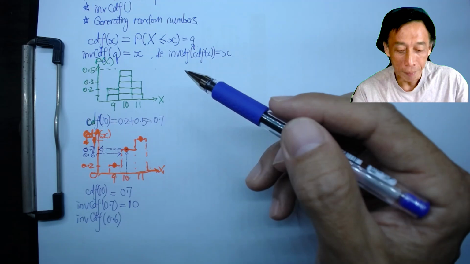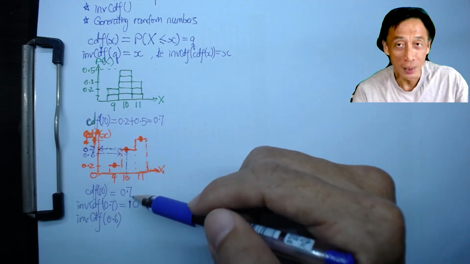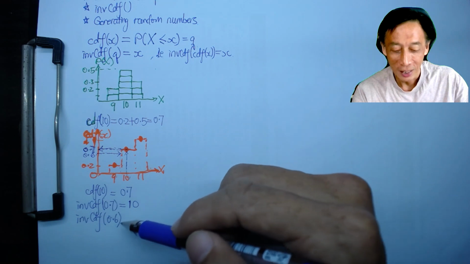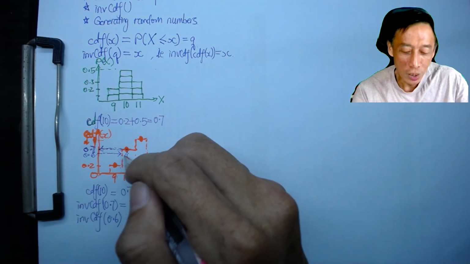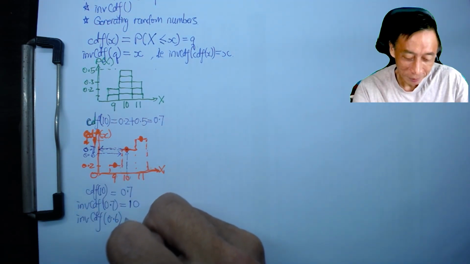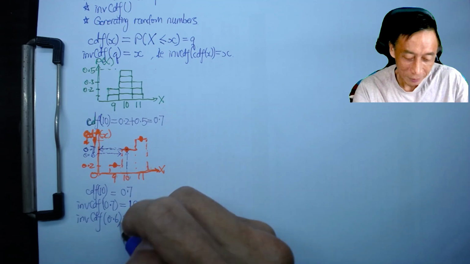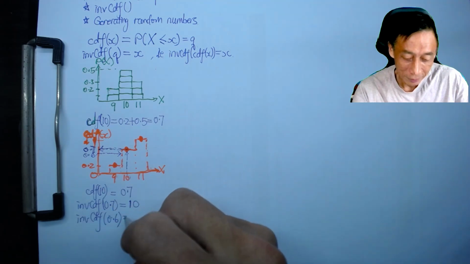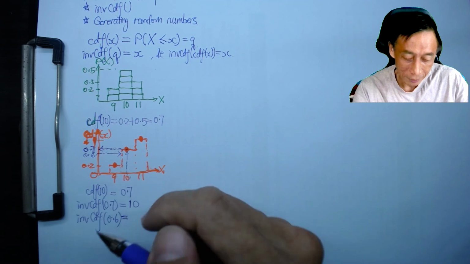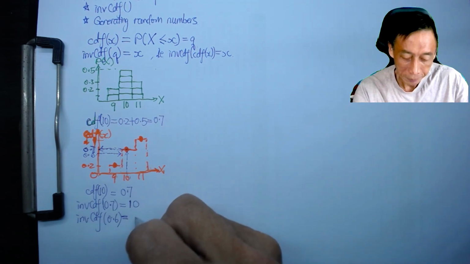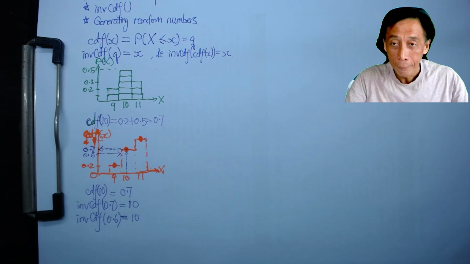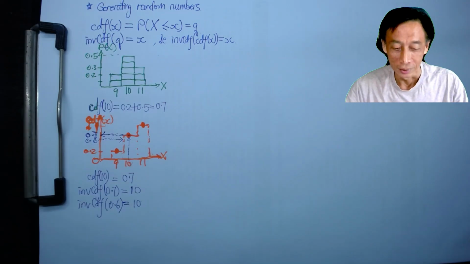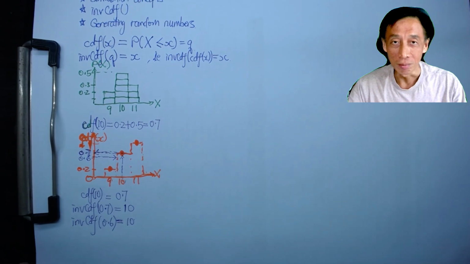But 0.7 is the first number that is just larger than 0.6, and so we can associate it with 10 as well.